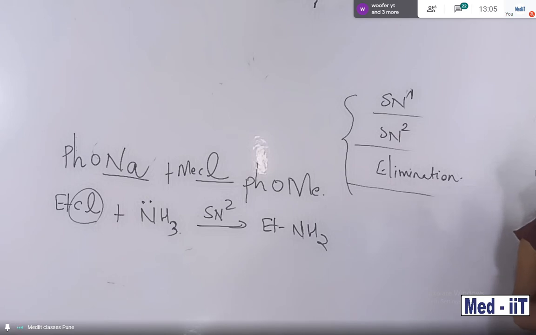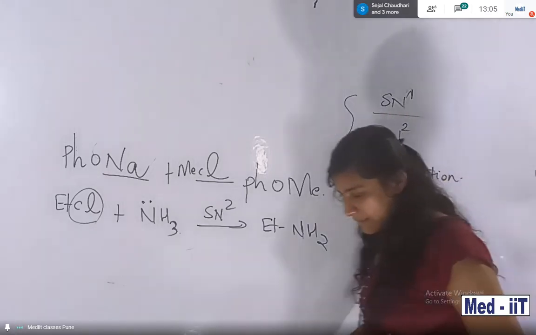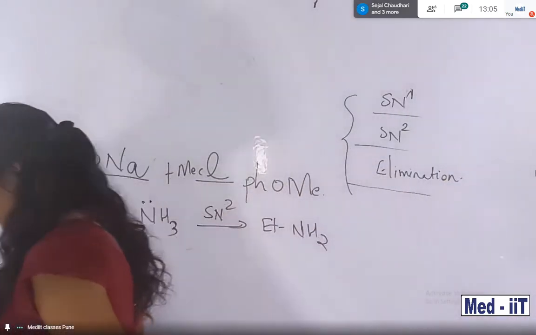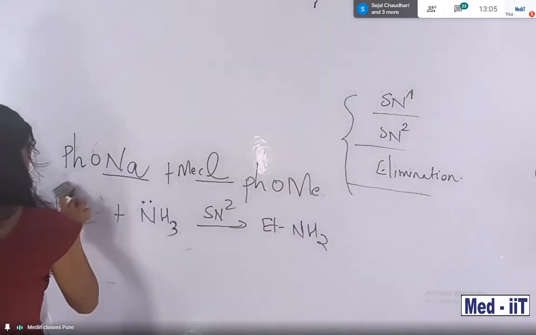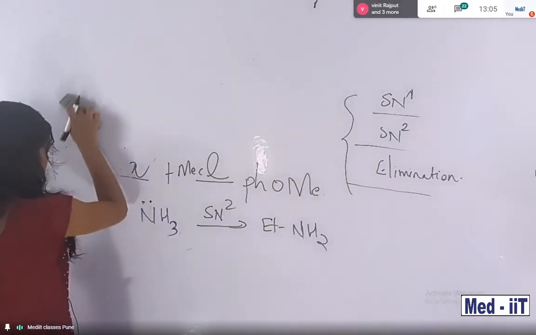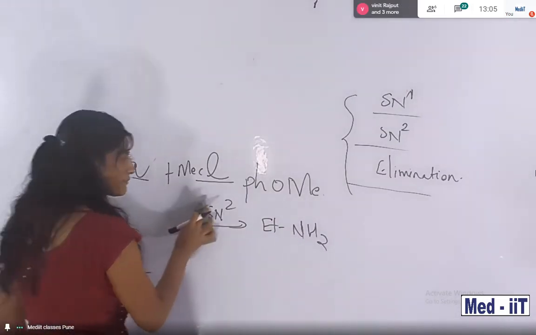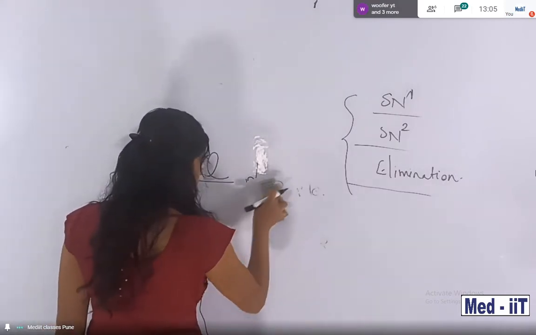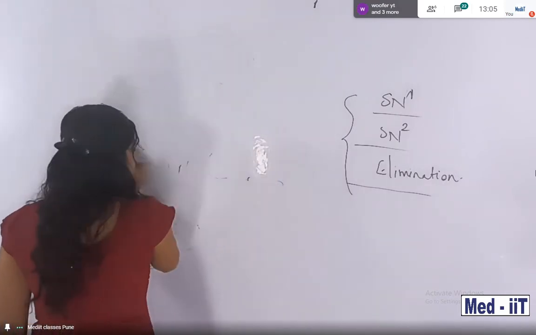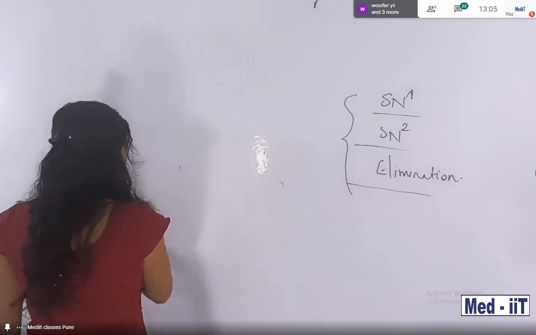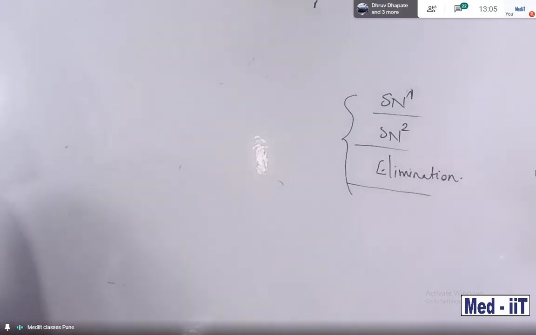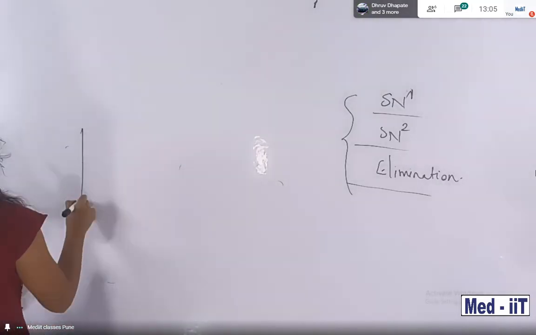Another question. One more question, representing in a bonded form. Bonded means line. So it's represented like this, students.